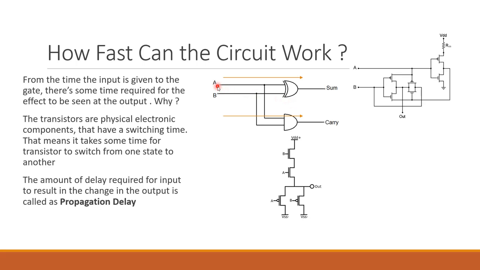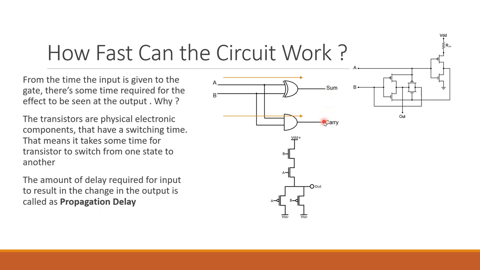Now at t equal to 0, you start giving the inputs A and B both at the same time. Will you get the output, the sum and the carry, instantly? By default, we might think that we get this instantly.